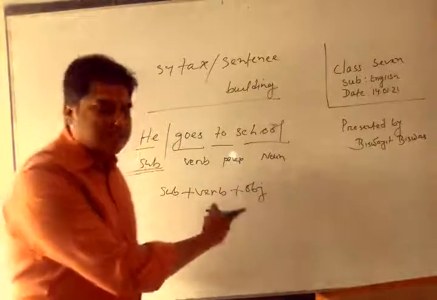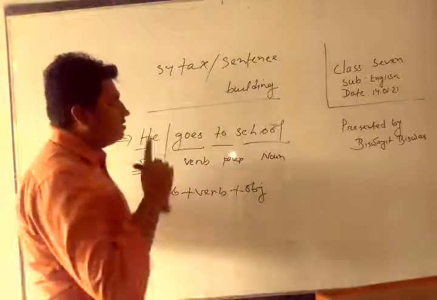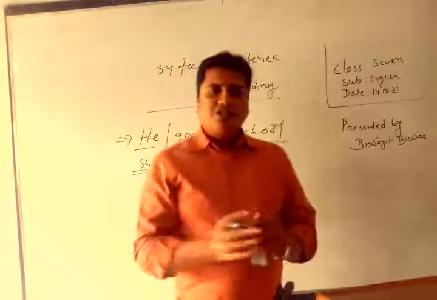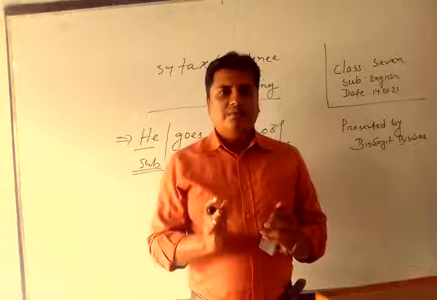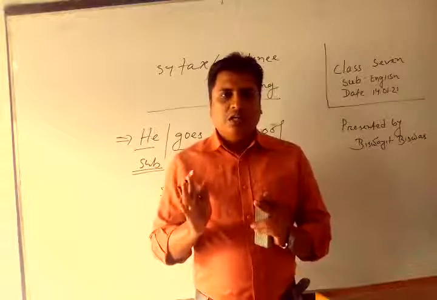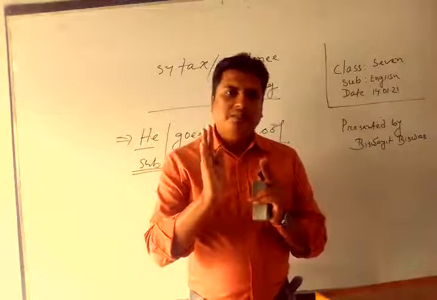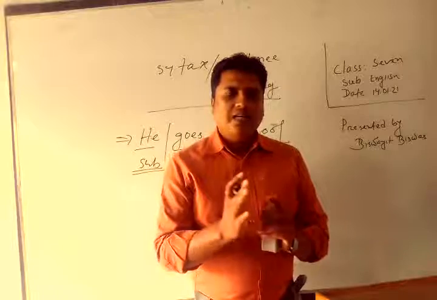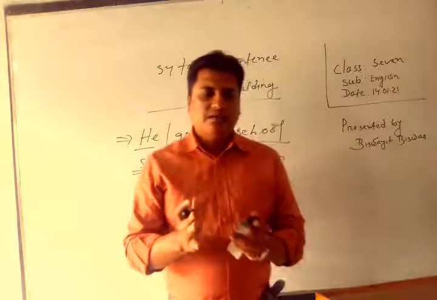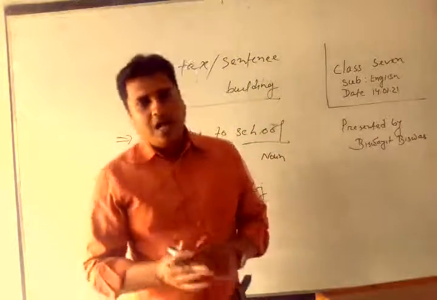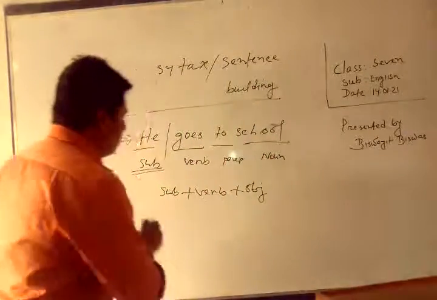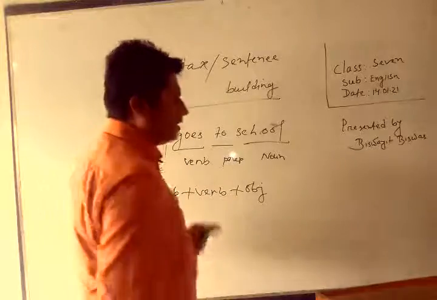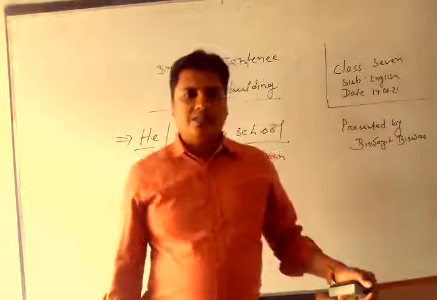This is the simple pattern of the sentence, and it is based on sentence building. Sentence building refers to the system of taking down or making a sentence correctly. Understand? I think you have been able to understand my speech. So please follow. Subject plus verb plus object. This is the simple pattern of a sentence.